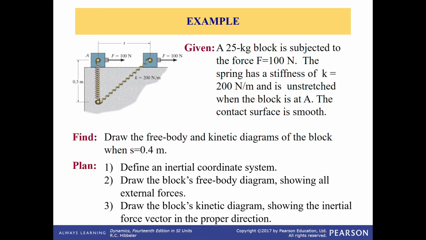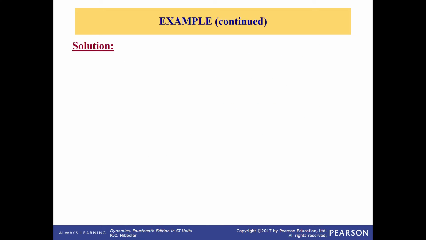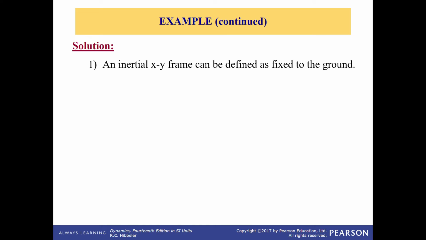Remember that the free body diagram is the summation of forces. Third, draw the block's kinetic diagram, which is the measurement of ma, showing all the inertial force vectors in the proper direction. An inertial x-y frame can be defined as fixed to the ground.